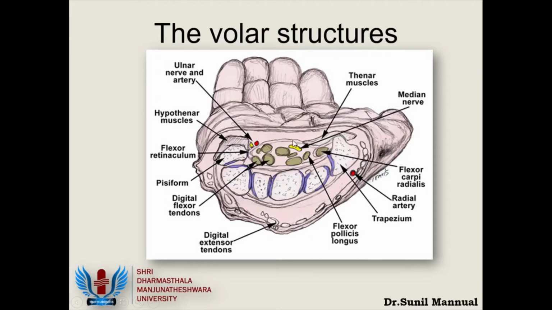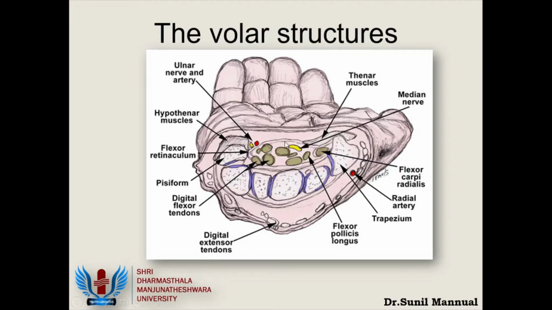If there is any increased pressure within this carpal tunnel, then the median nerve gets compressed, and you will have carpal tunnel syndrome. You must have heard of carpal tunnel syndrome in your applied anatomy. Your teachers would have told you that as the median nerve goes through this tunnel, you get carpal tunnel syndrome.